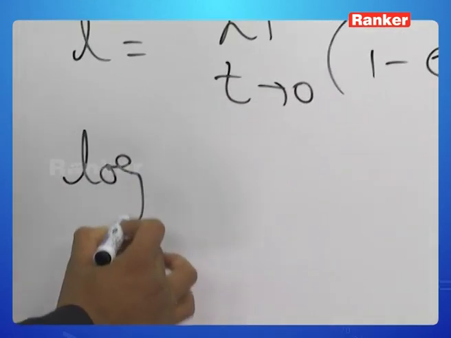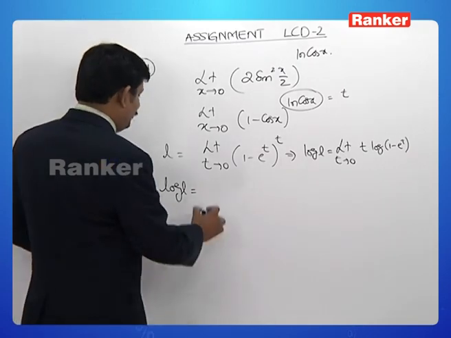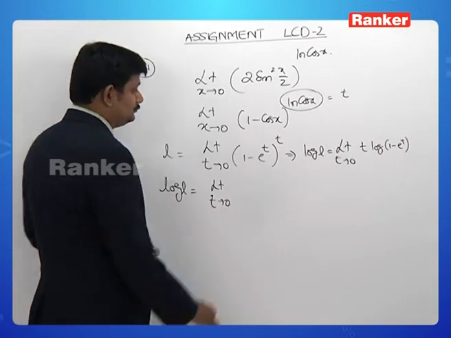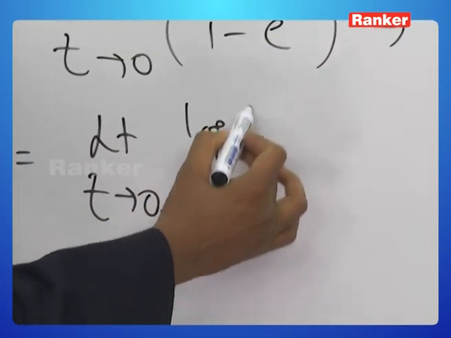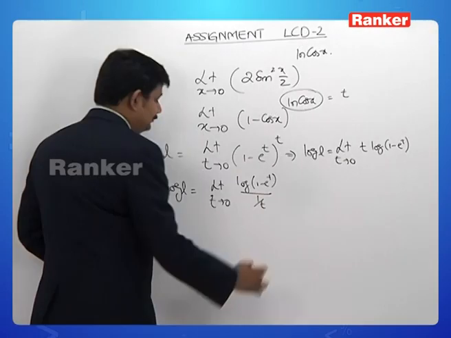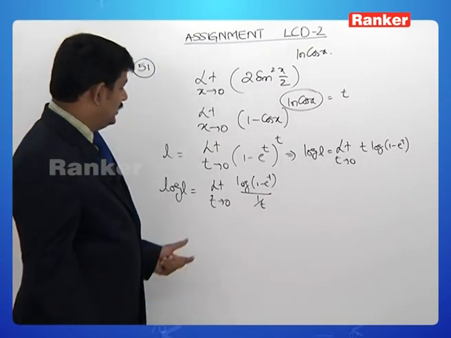Let us apply L'Hospital rule to evaluate this limit. Before that, let me write this limit as limit t tending to 0, log of 1 minus e power t divided by 1 by t.